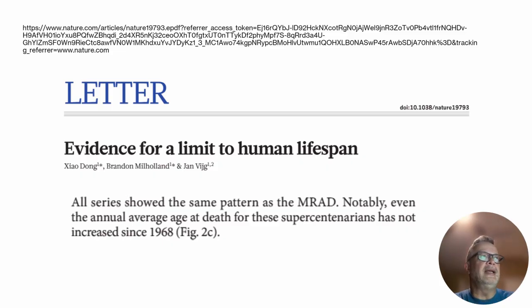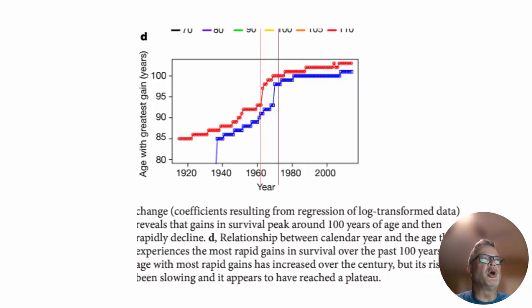Yeah, and another feature on the population level, we have a very interesting letter in Nature. I think it's pretty recent. What they say is that we already achieved the limit of human lifespan, and those authors show two curves.